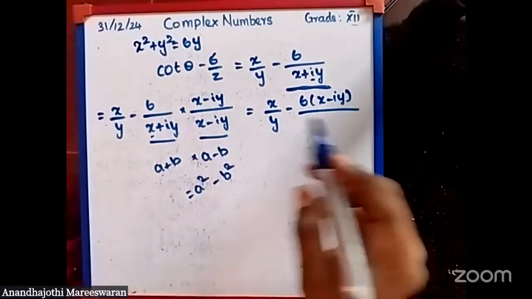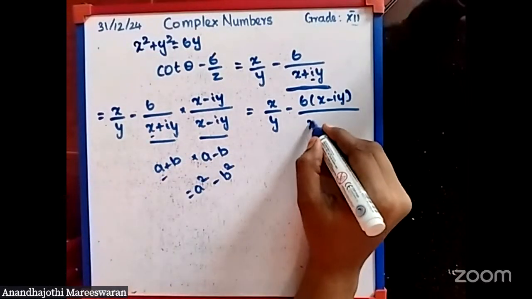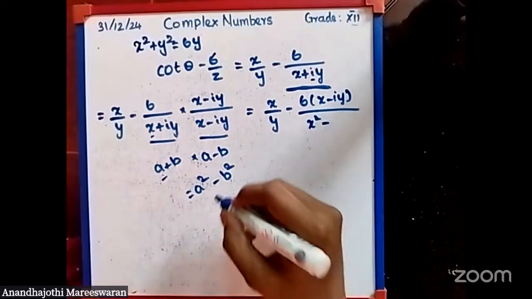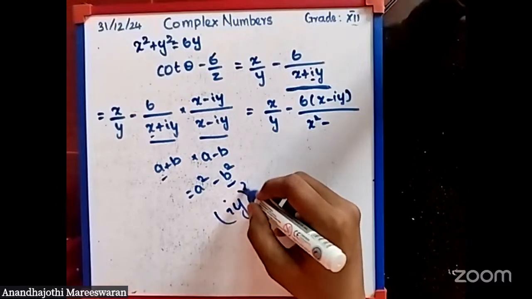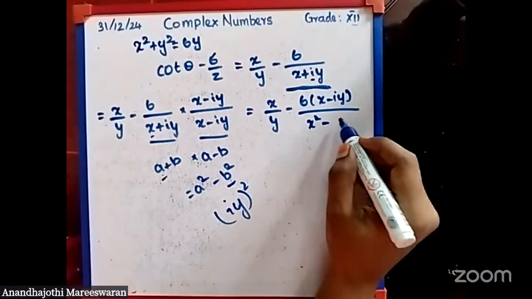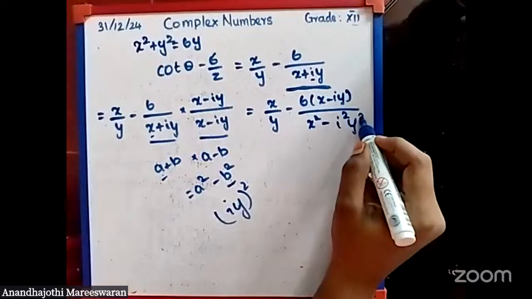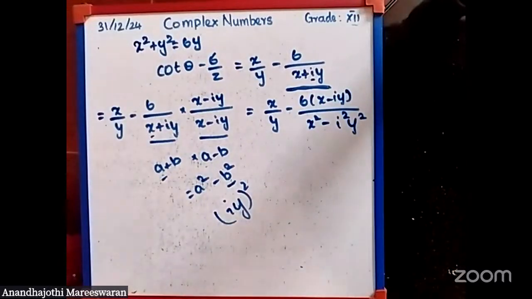So who is in the place of a? x. So x squared minus, who is in the place of b? y. So (iy) the whole square, so i squared y squared, right?